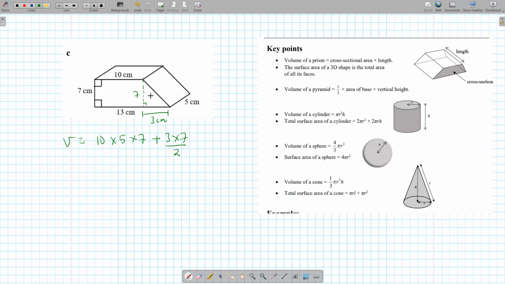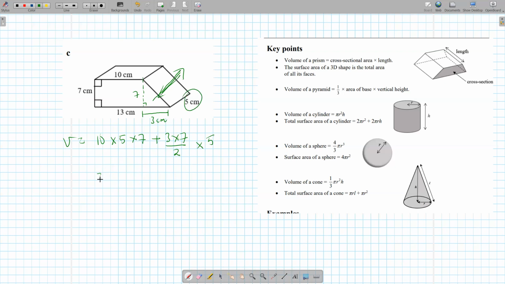We're trying to find this height. Because our base is that triangle, it's going to stand up like this, right? And our height is going to be this one. So the height for the prism there is 5. The height for the triangle is 7, but the height for the prism is 5, okay? And there we go.